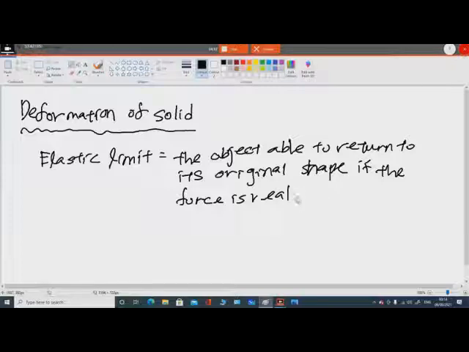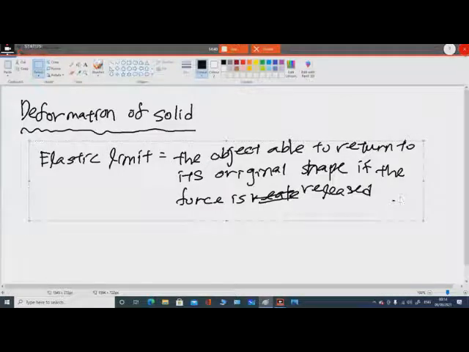So this is the elastic limit. So briefly understand this part, and we will explain again in the next parts.